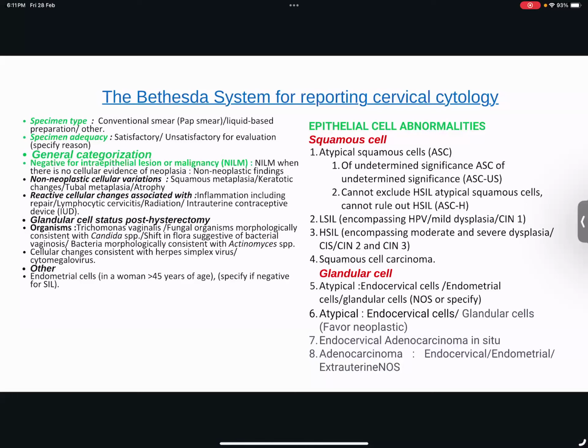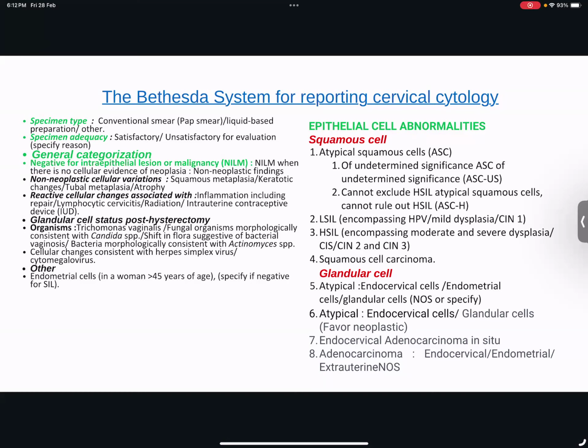And general categorization includes the negative for the intraepithelial lesion or malignancy. Negative for intraepithelial lesions includes the non-neoplastic cellular variation as well as reactive cellular changes associated with the inflammation, radiation, IUD changes, and glandular cell status also write on the reports.